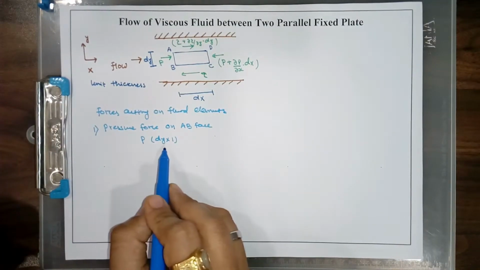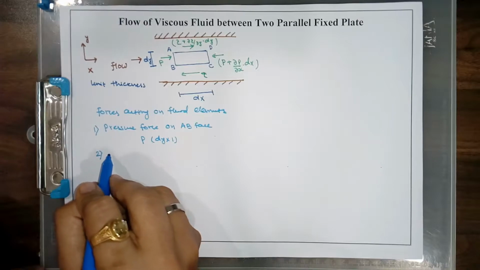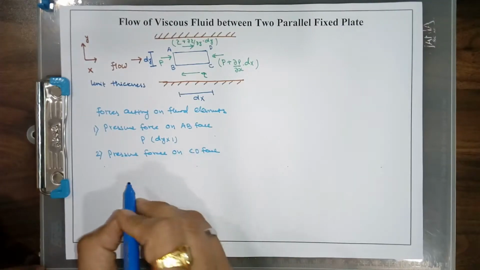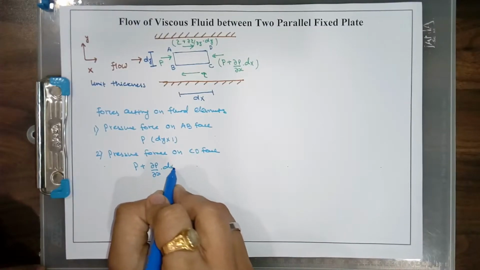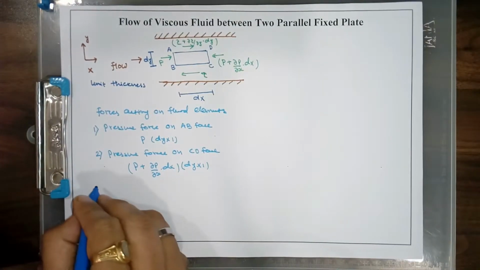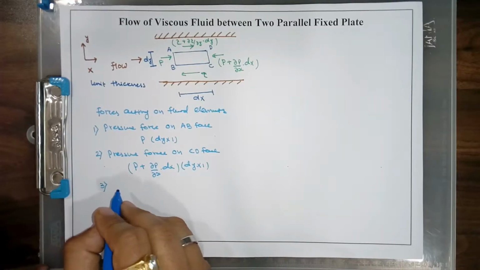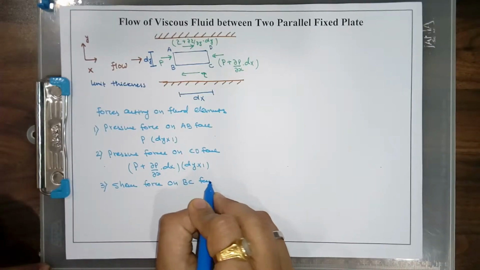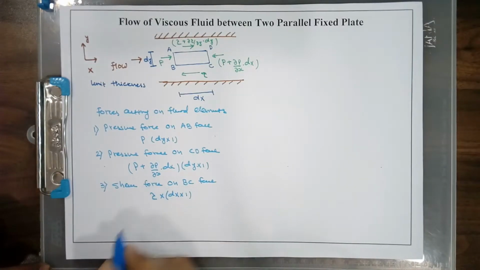So it becomes P into dy into 1. Second, the pressure force on the face CD, which is P plus del P by del x into dx, into the same area dy into 1. Then the third force acting on the element is the shear force on the BC surface, which equals tau into the cross-sectional area, that is dx into 1.